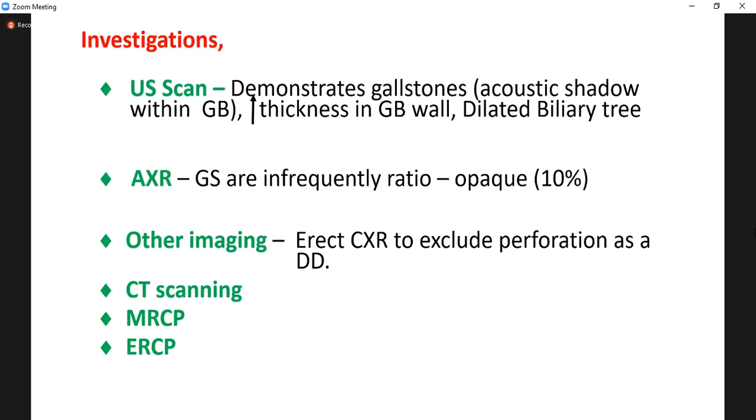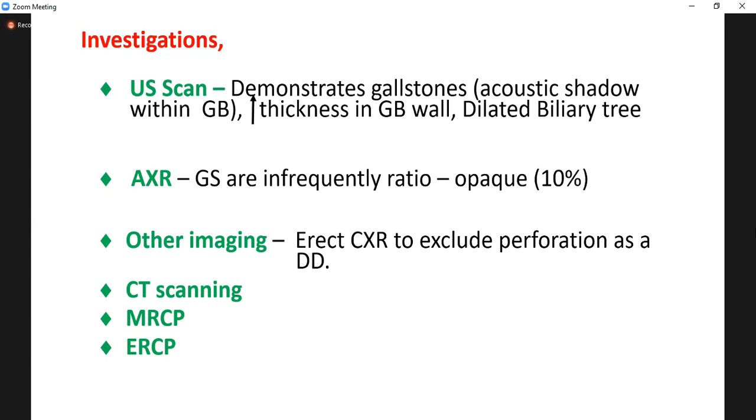It will confirm your diagnosis of acute cholecystitis. So it demonstrates gallstones. There will be acoustic shadow within the gallbladder, and it's very characteristic. When you see patients like this, you will go to the radiology department.